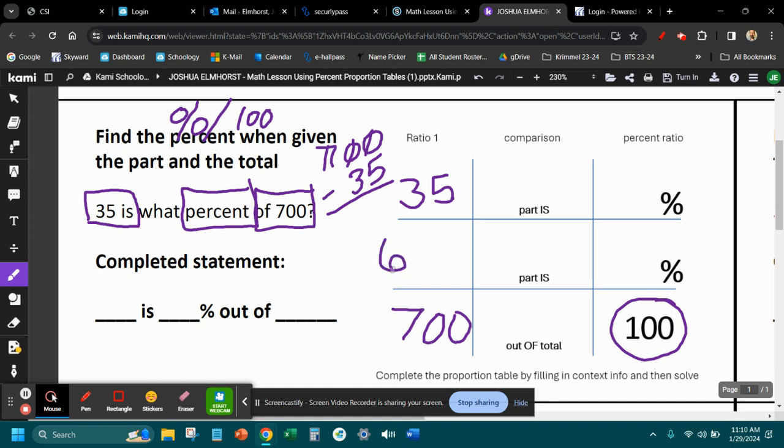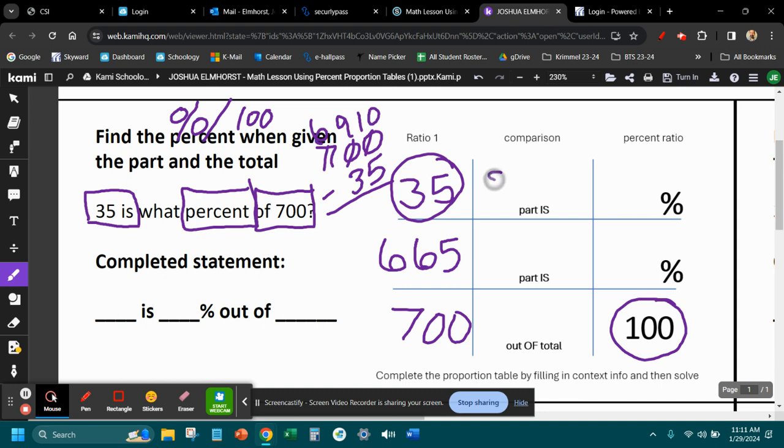There's going to be 665. So 35 out of 700 and 665 out of 700, both of those together make up 700. Now, we are focusing on the 35, but I want us to note that the other missing part is within the problem.